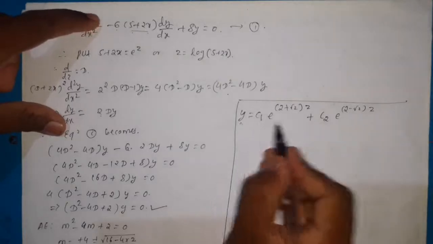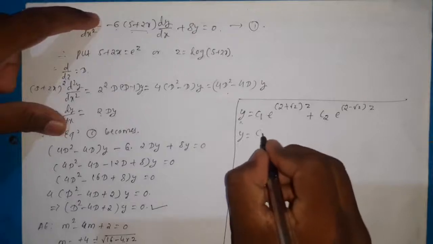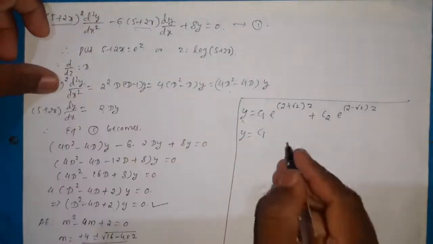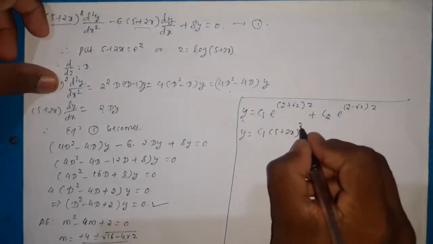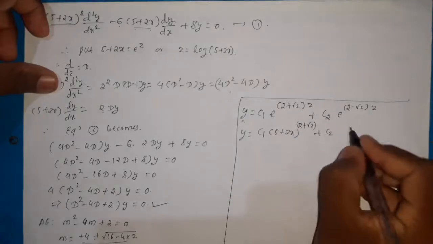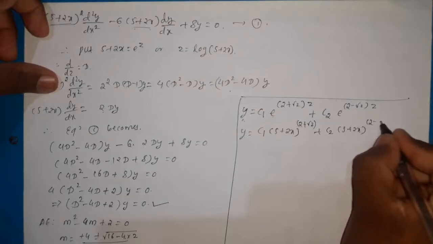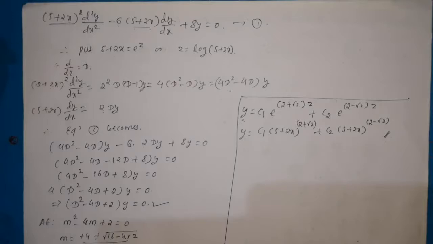Then with e^z = 5 + 2x, y = c1 (5 + 2x)^(2+√2) + c2 (5 + 2x)^(2−√2) is the required complete solution for the given differential equation.